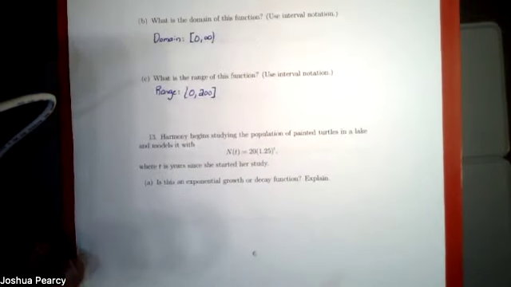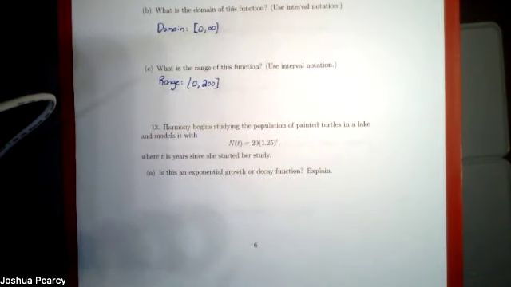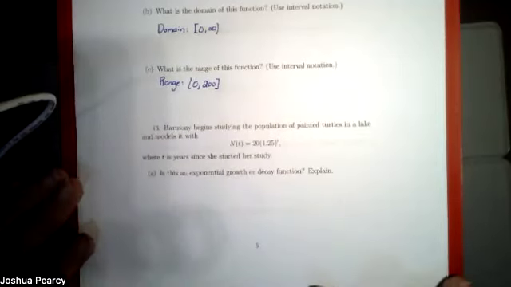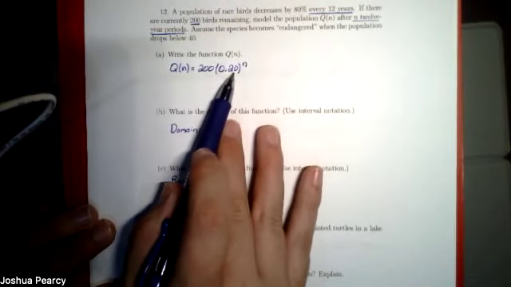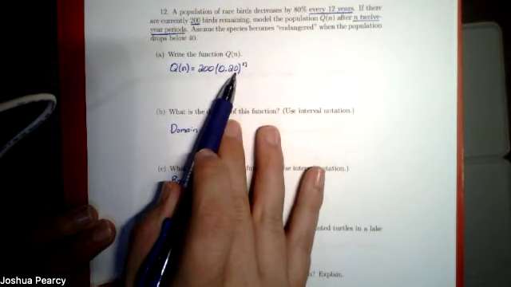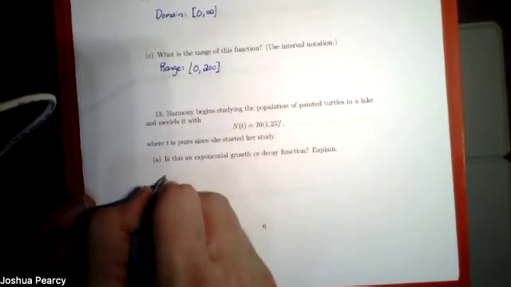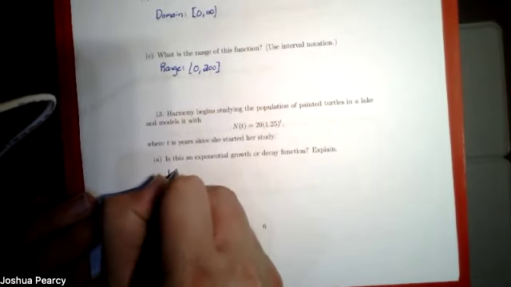So number 13 says Harmony begins studying the population of painted turtles in a lake and models it with the following expression. Is this an exponential growth or decay function? Explain why. So I kind of talked about up here. If the base of your exponential is in between 0 and 1, then it's a decay. If it's greater than 1, it's a growth. So here, the base of the exponential is 1.25, right?